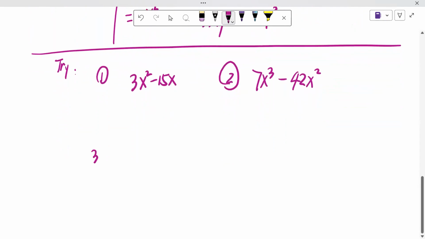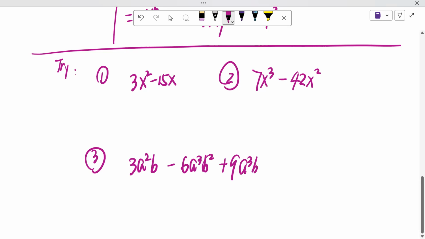And the third one, 3a squared b minus 6a cubed b squared plus 9a cubed b cubed. Let's give it a shot.